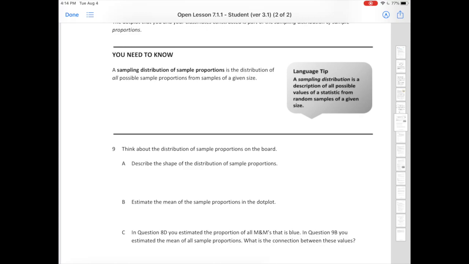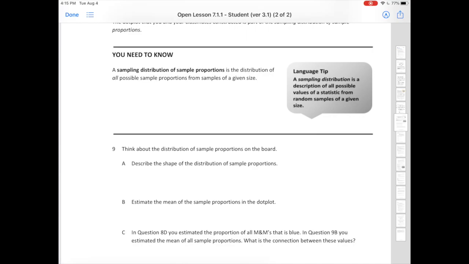Why are we saying of a given size? Well, in this case, our size was 25, because every sample had 25 M&Ms in it. So we're always going to care about what the sample size is. We want to make sure that we get a large enough sample. We'll talk about that later in the course as to what makes a big enough sample.